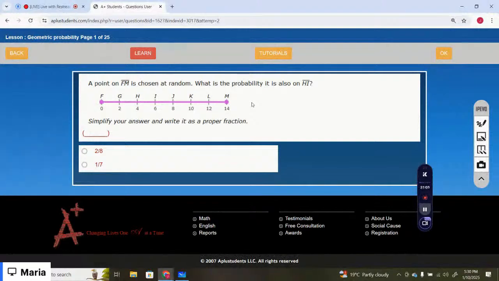That is 1 over 7. HI has the 1, 2, 3, 4, 5, 6, 7, 8. That is 2 by 8, right?